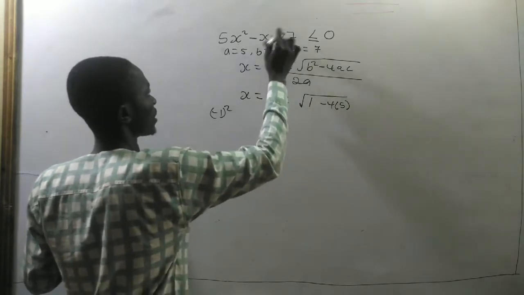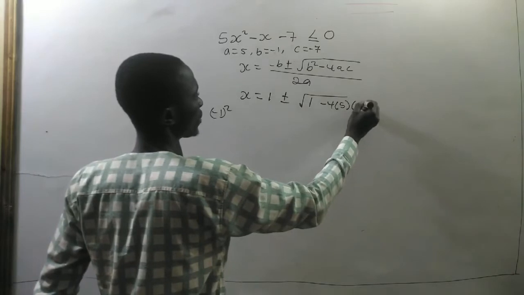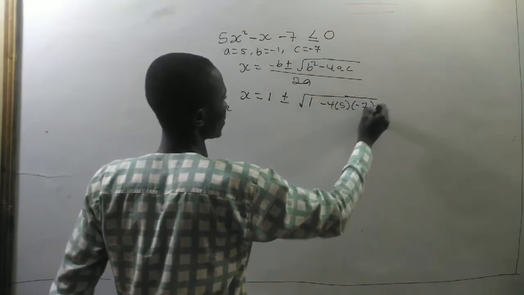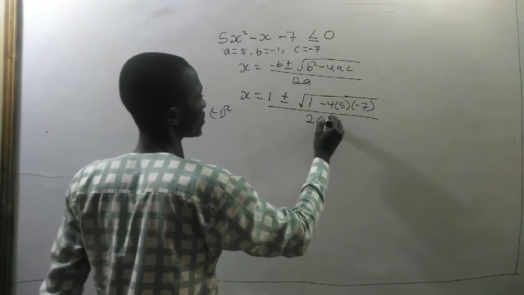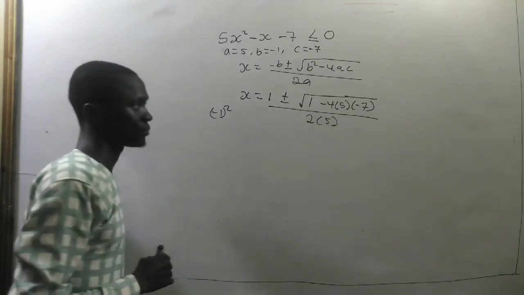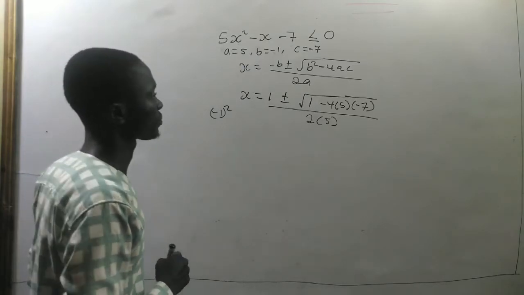Oh, sorry, this is -7, right? And c is also -7, yes, all divided by 2 times 5, correct. I was writing -7, I wrote positive 7.